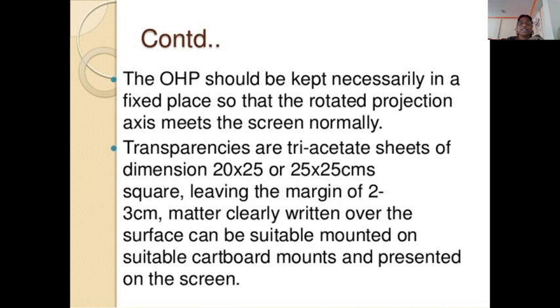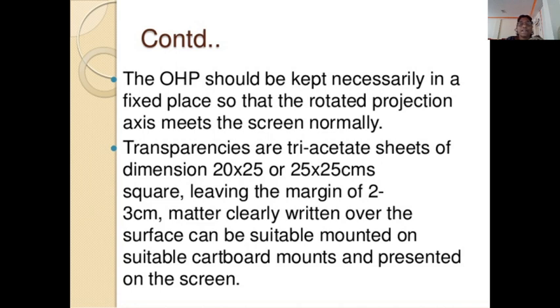Then the OHP should be kept necessarily in a fixed place. Okay, always we should not move the OHP from here to there, here to there, like that. That way we keep this OHP where the plug connections are available.